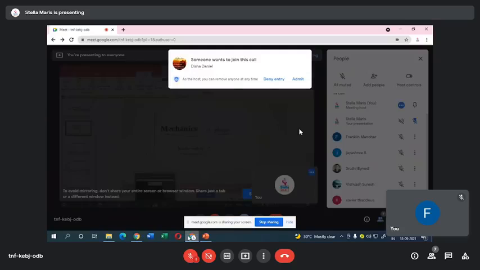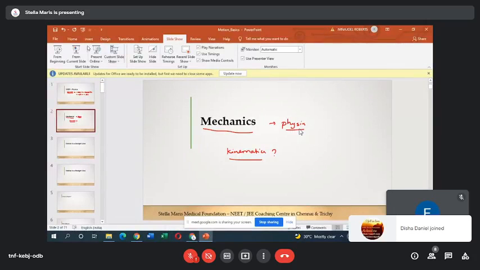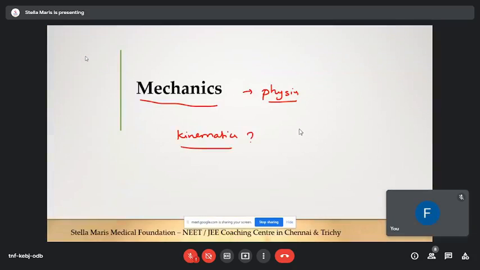We don't go into detail about what caused this object to move from here to here. Instead we'll describe this motion in terms of, as you already know, speed, velocity, distance, displacement, average speed, average velocity, acceleration, and so on. So kinematics is about the description of a motion of an object.